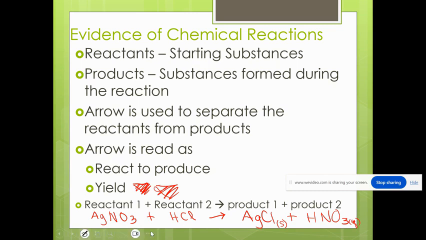So these are the things that you made in that reaction. All right. So these were your reactants and these are your products. And you're going to learn in this chapter how to start with these things and figure out what you're going to make over here. So that'll be sometime next week that you start doing these types of reactions. But right now I'm just showing you, okay, these are called reactants. These are called products. Okay.